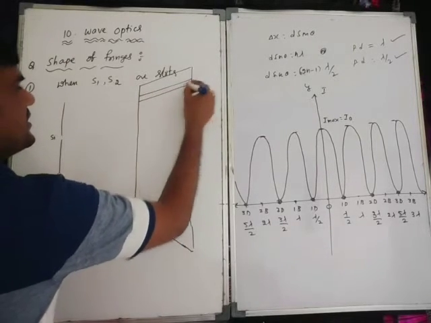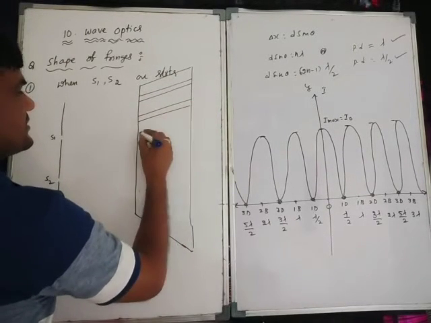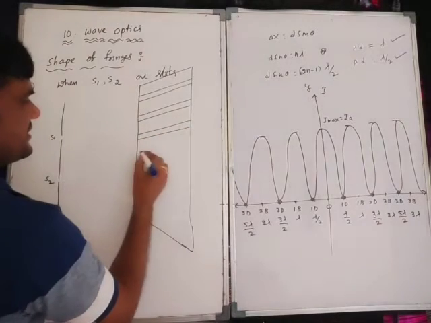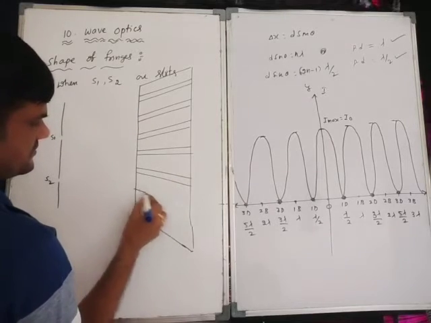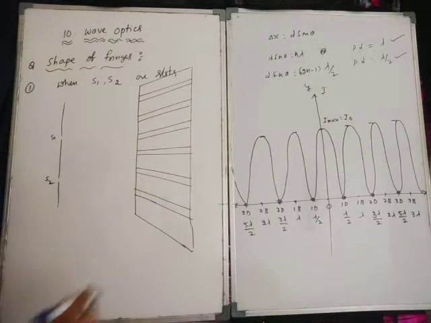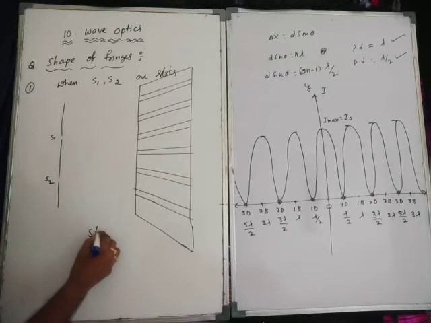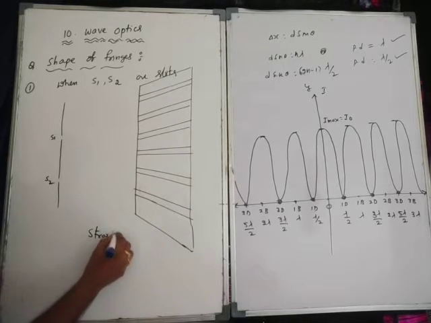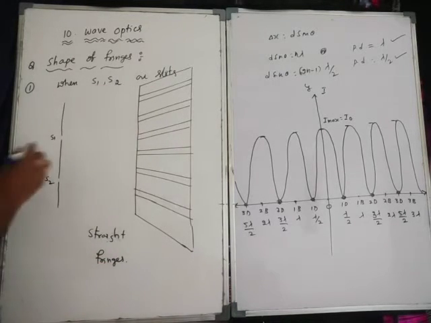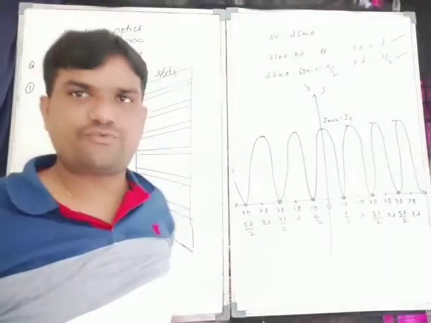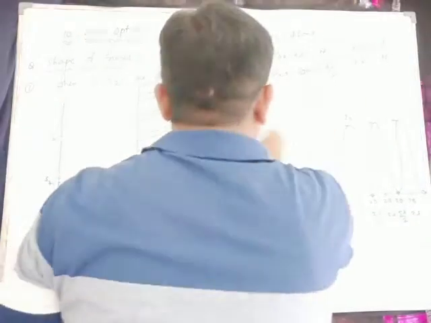So dark and bright, dark and bright fringes form in this manner. So straight fringes can form.